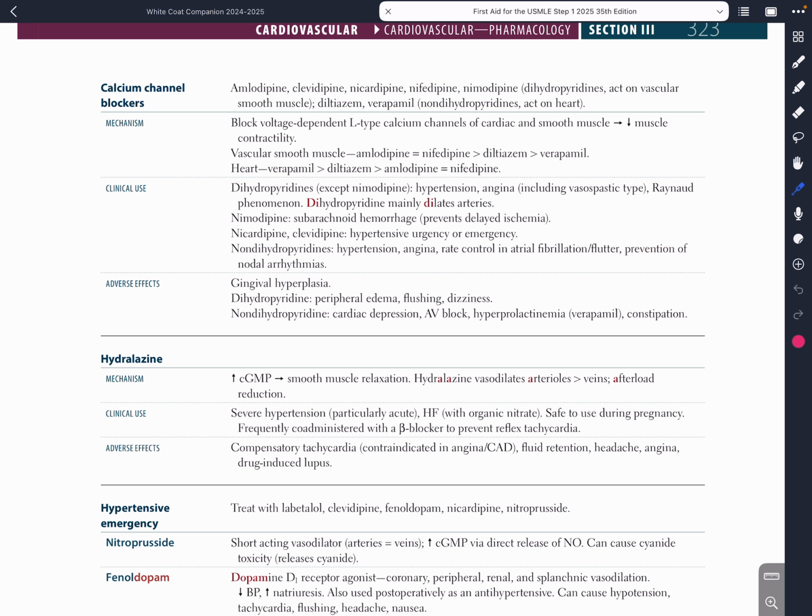Nimodipine is used in subarachnoid hemorrhage because it prevents delayed ischemia. There is a classic Step 2 question: a patient undergoes open craniectomy for subarachnoid hemorrhage, and then post-operatively experiences a stroke.